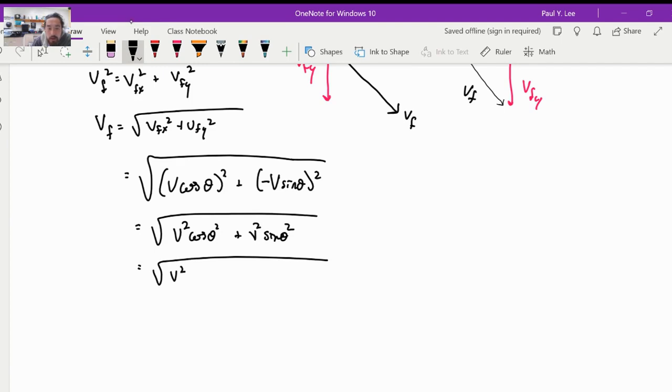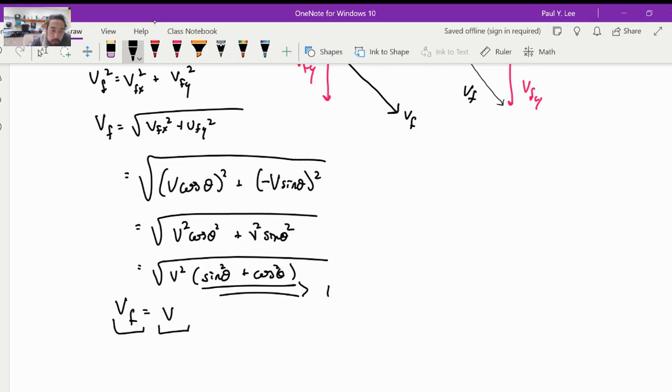Let's take out that v squared, and then I'm going to rewrite it as sine squared theta plus cosine squared theta. And for those of you that remember your math identities, this is very unique and very special. This is equal to just 1. And so what we get is v squared times 1. And if we are square rooting a square, what we end up with is just v. Whoa, this is really cool. So what you're telling me is that your final landing velocity is equal to your initial launch. And the answer is true.